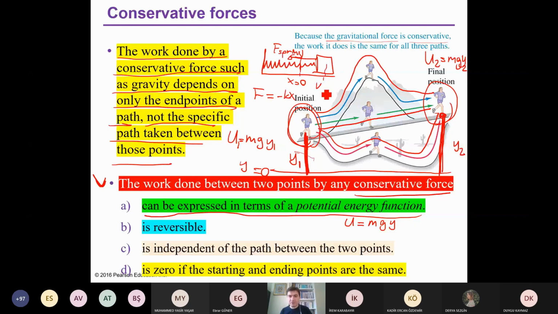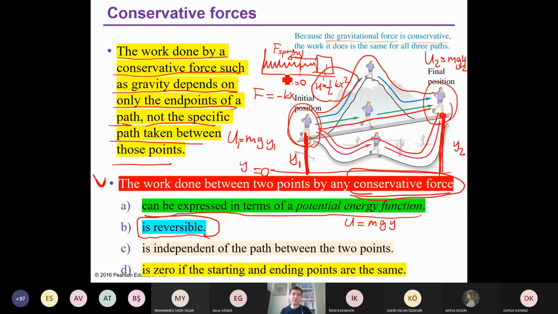So if you have a conservative force, then you can express it in terms of a potential energy function. It is reversible, okay? So you can convert potential energy to kinetic energy, and you can convert kinetic energy to potential energy.